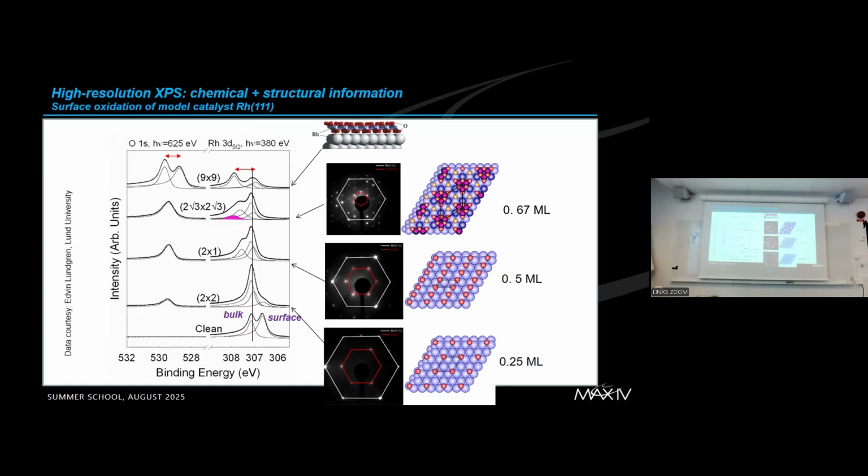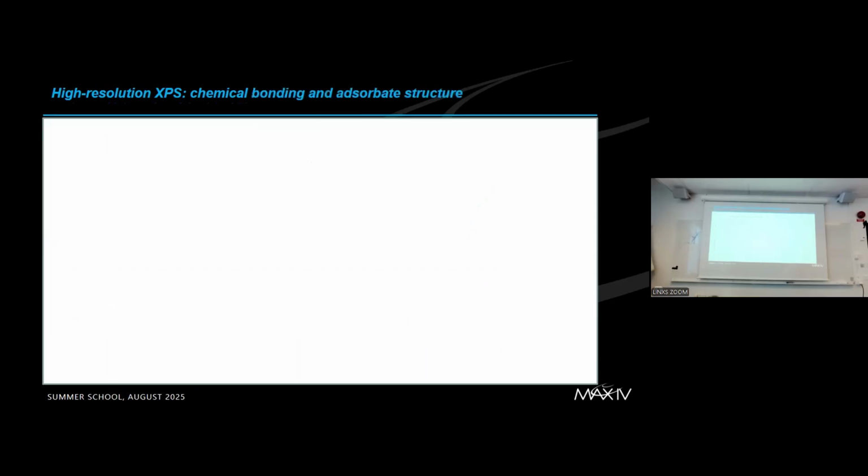This squeezed layer and this top layer have different chemical environments, and then we start seeing two peaks in the oxygen. So this is showing us how sensitive the technique is to very small changes in the surface composition and chemistry.